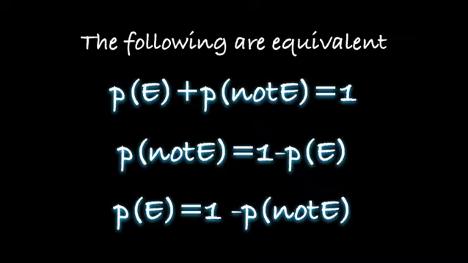In which case, on the left, we have cancellation, but on the right, we do not. P of E is 1 minus the probability of the complement of E. We're going to be using this relationship quite often in the future, so I suggest you get used to using it.